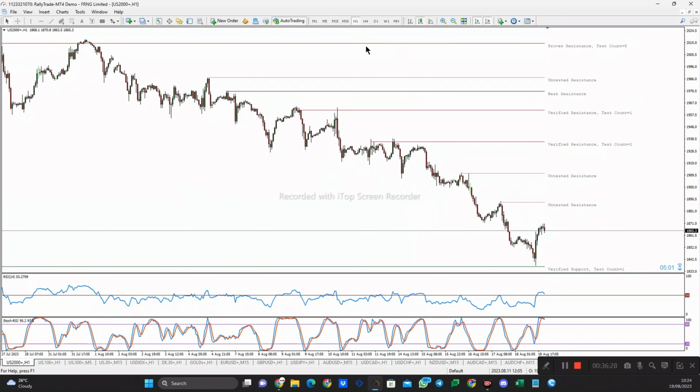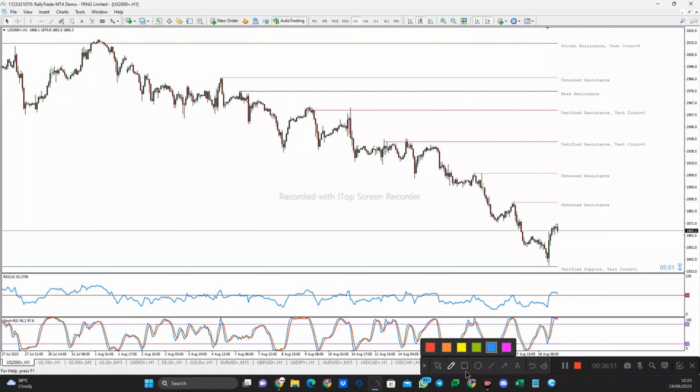Now, right now this is a bit tricky. If you really want to have good entry positions, it's always better when your RSI is considerably above 50, like this.